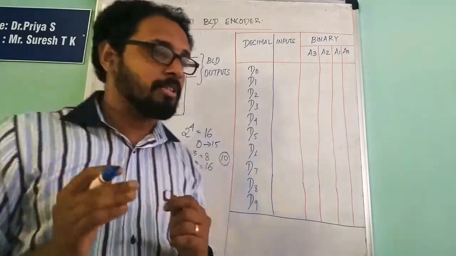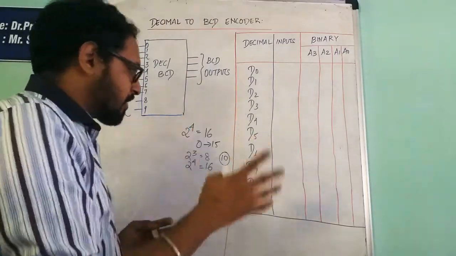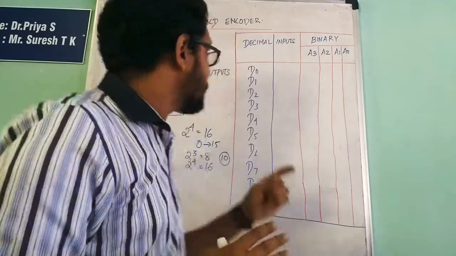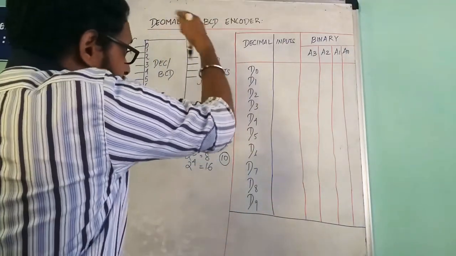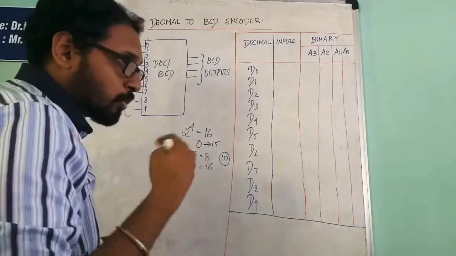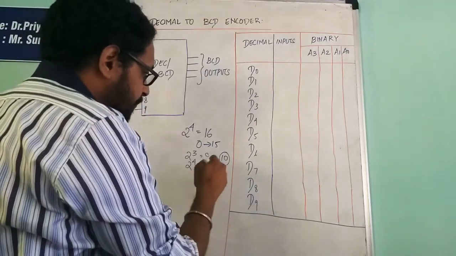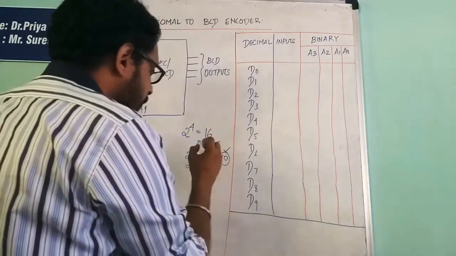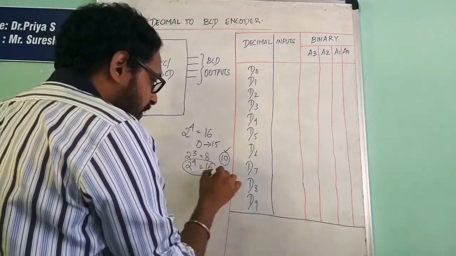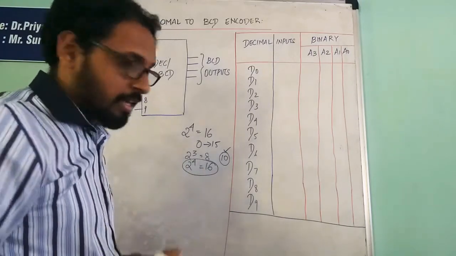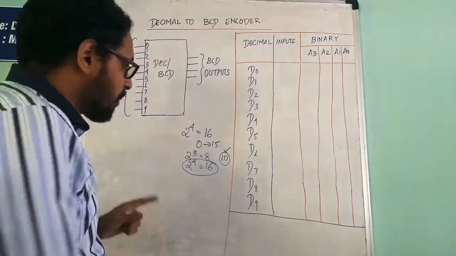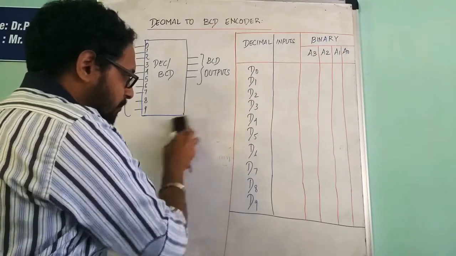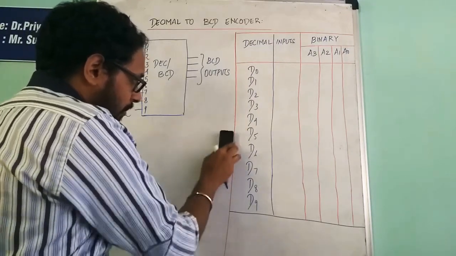Hope you got the concept from this. 2 raised to 4 is 16, 2 raised to 3 is 8. We are going to construct a decimal to BCD encoder. Here we have 10 valid states, so we need to go for 2 raised to 4. We should have 4 bits in the case we are going to construct.